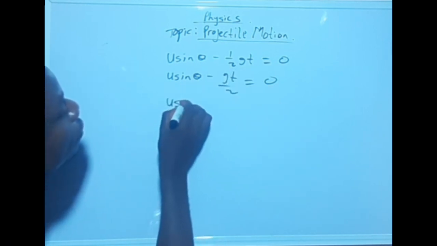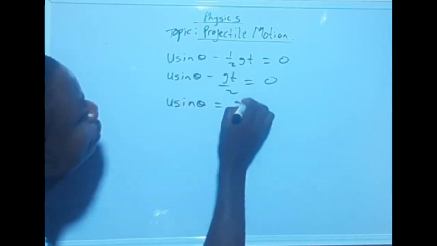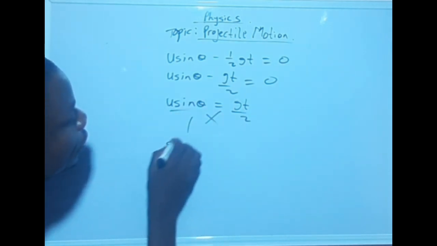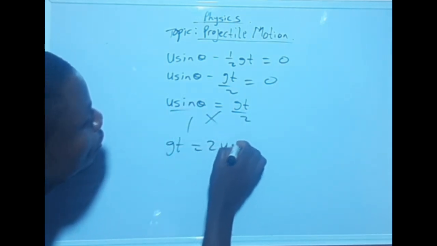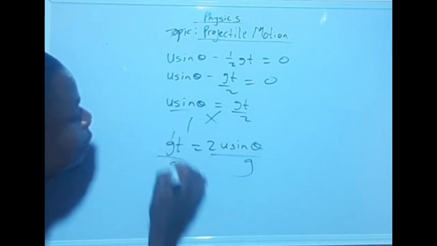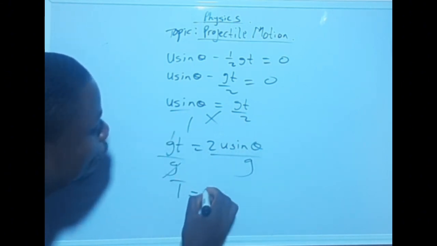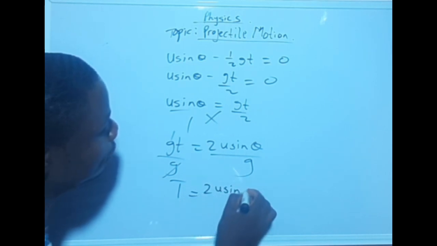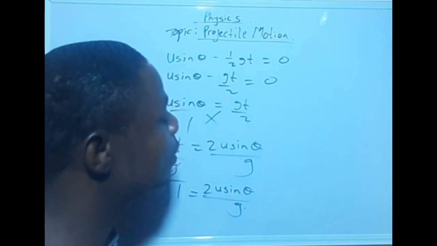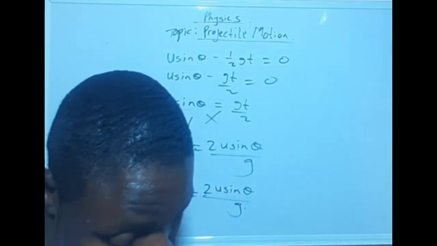So you can have U sine theta equals gT over 2. Then you cross multiply, so gT equals 2U sine theta. Then divide both sides by g to get T. Therefore, the time of flight will be 2U sine theta over g. In the next video, we shall use this formula to solve the question.